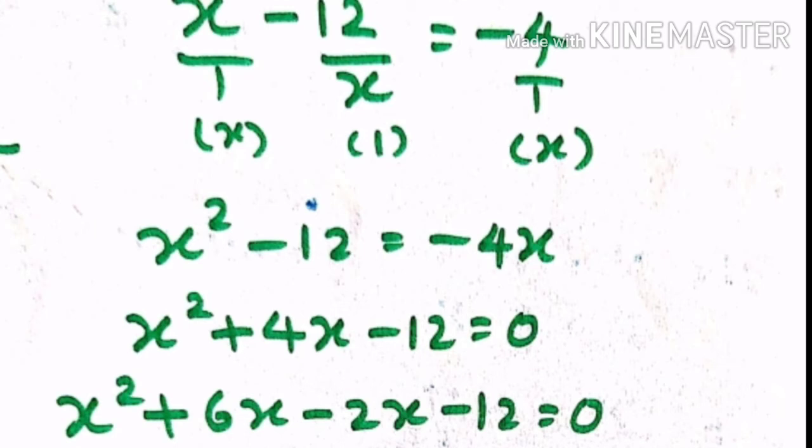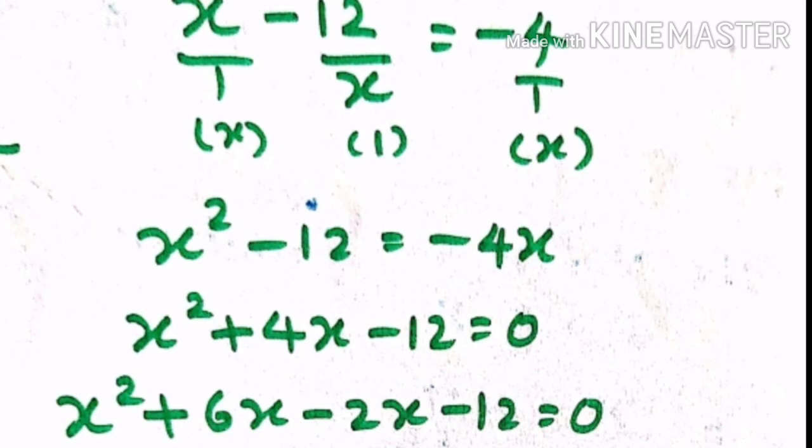So x with a 1, then you can check how LCM is written. Then multiply it in the numerator, we get x square minus 12 is equal to minus 4x. Minus 4x taking on the left side becomes plus 4x. x square plus 4x minus 12 is equal to 0. This is our standard form of quadratic equation.